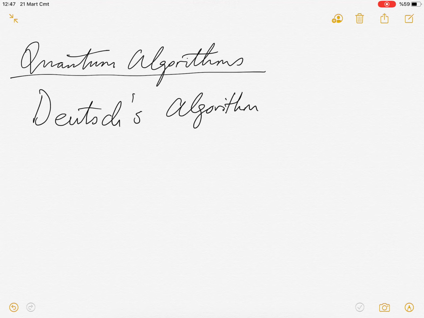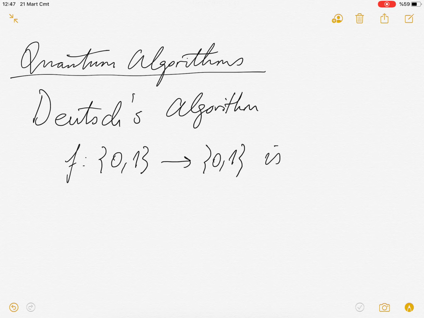So the problem concerns a function from {0, 1} to {0, 1}. Okay, so it's a binary function which takes either 0 or 1, and maps to either 0 or 1. Let's define this notion.